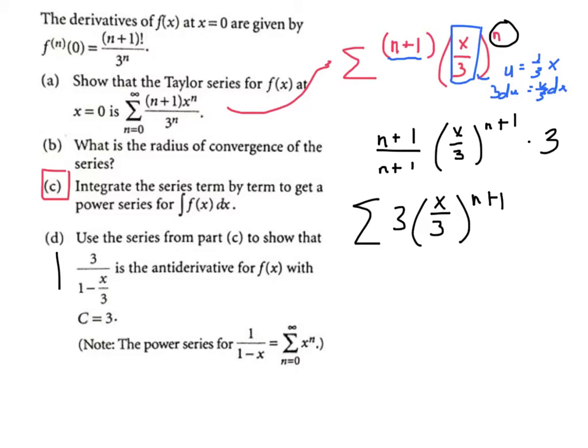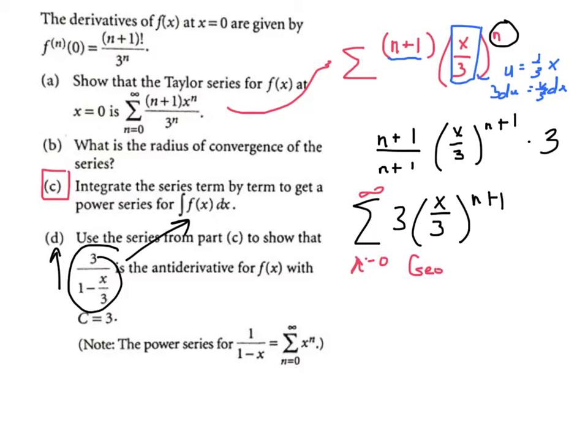Now the next thing is, it says use it to show that 3 over 1 minus x over 3 is the antiderivative. So essentially showing that this is equal to that, because we've already found the integral. Well, this is a geometric series. So when it says show that they're equal, I'm going to find the sum.